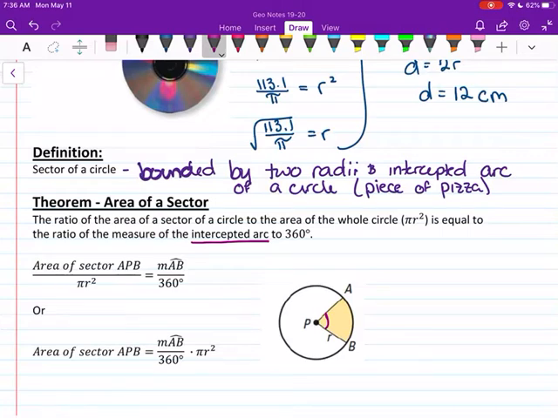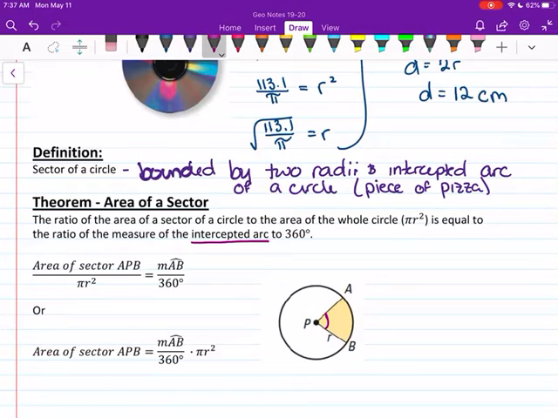So we have two things. The area of my piece of pizza, or my sector, to the entire area is going to be the same as the ratio of that angle to 360 degrees, or the entire circle. Okay, so it's just fractions. The fraction of the area that I want to the whole circle is equal to the fraction of the angle measure to the whole 360 degrees.